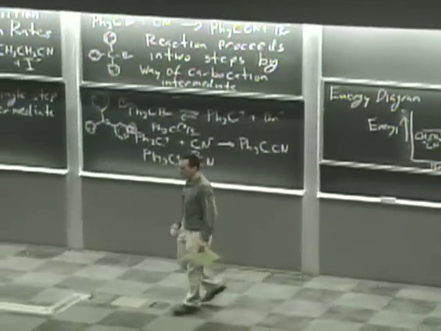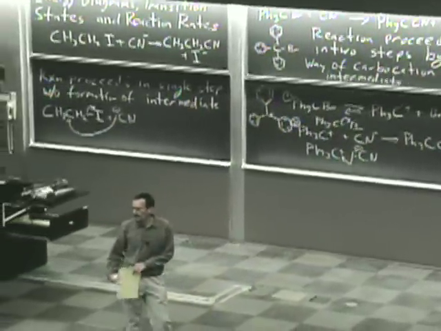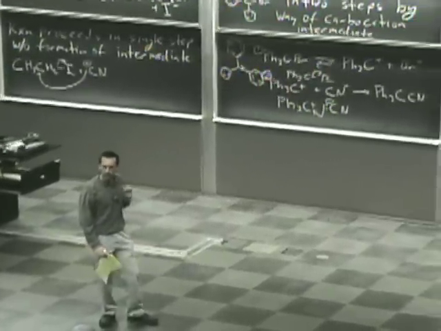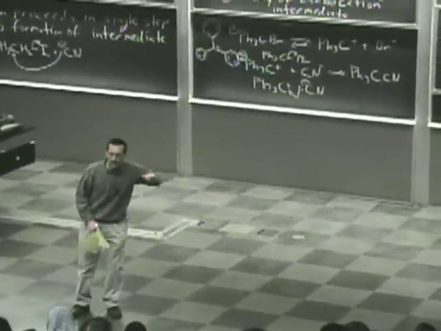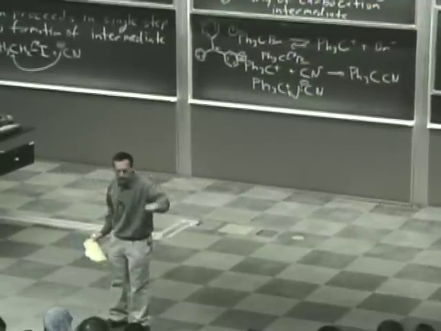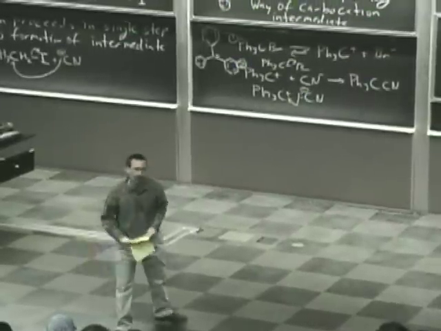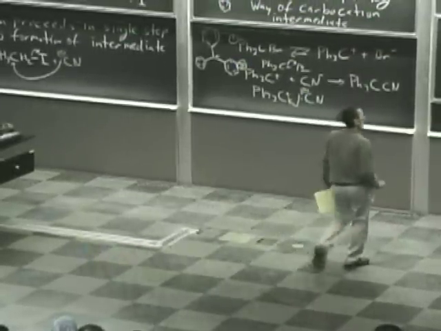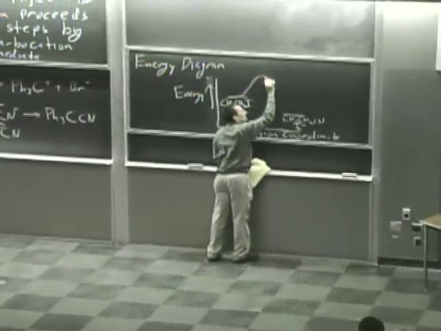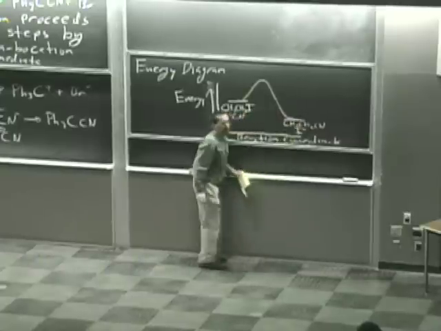And now we're proceeding from the reactants to the products without the formation of any intermediate. In other words, we are simply going. As that bond to the iodide is breaking, the cyanide is coming and forming a bond at the same time in a concerted fashion. We go over an energy hump and come down to the product.